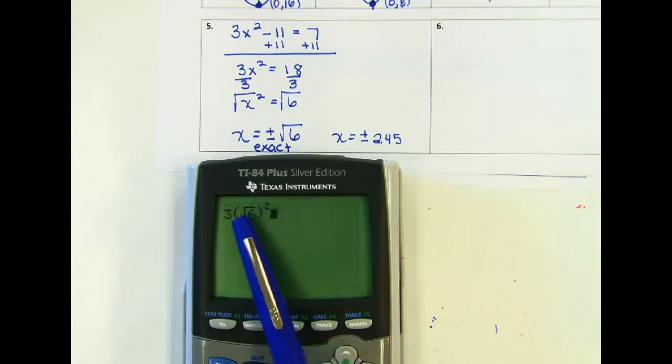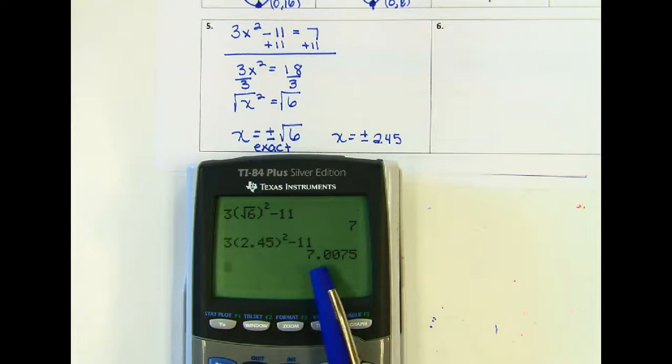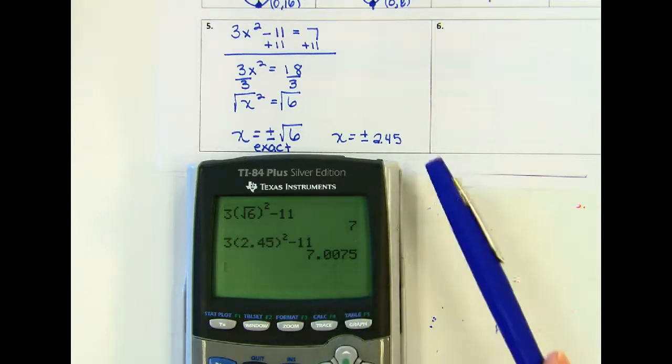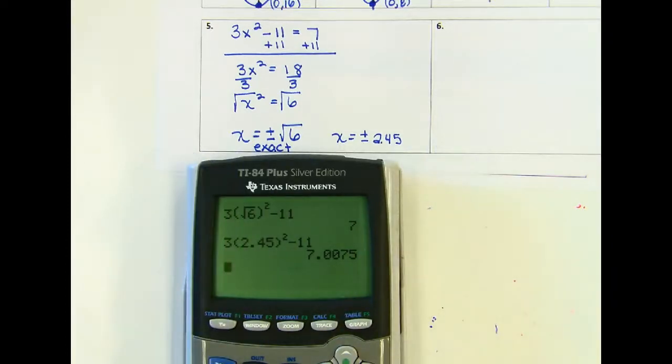That square is going to undo the square root. Subtract 11, I automatically get 7. If I do not use the square root of 6, and I use the 2.45, I get 7.0075, so that's a little bit off because I rounded that answer. So sometimes it is better to use an exact answer.